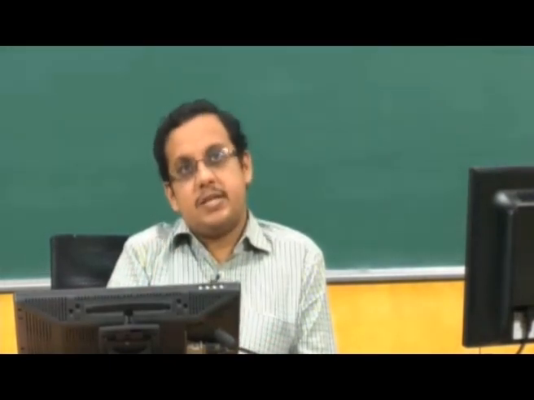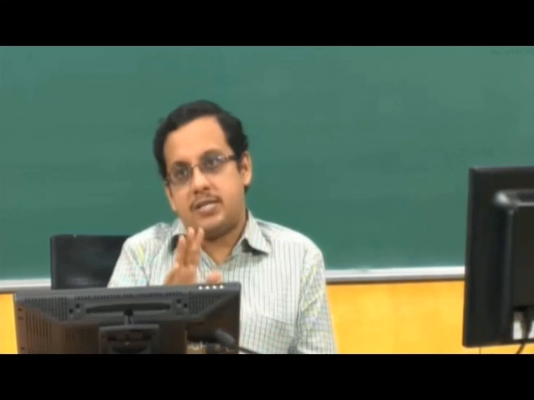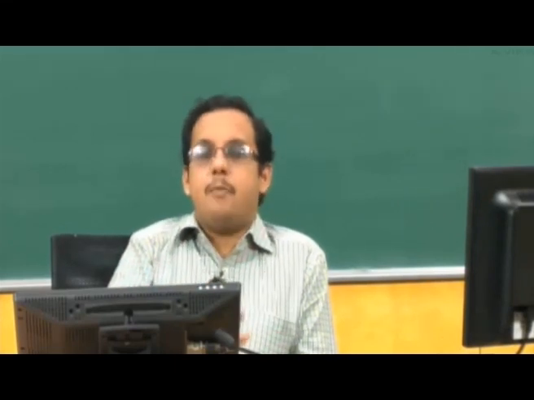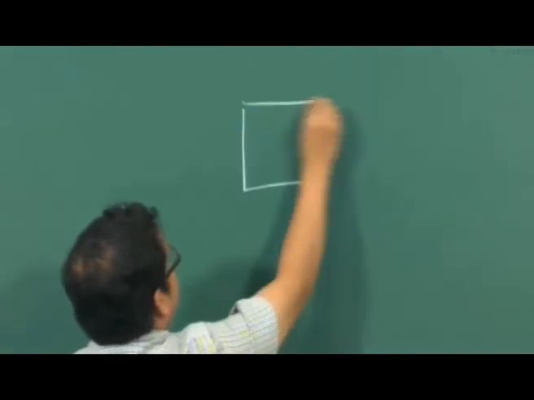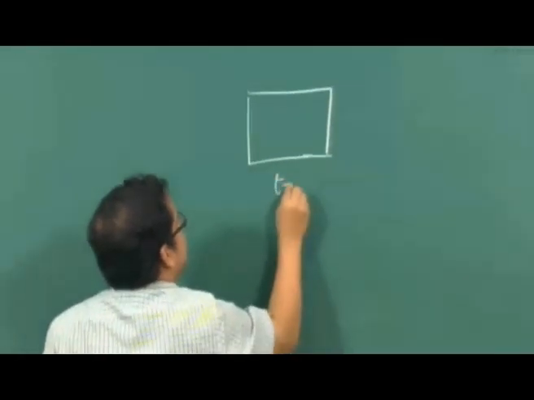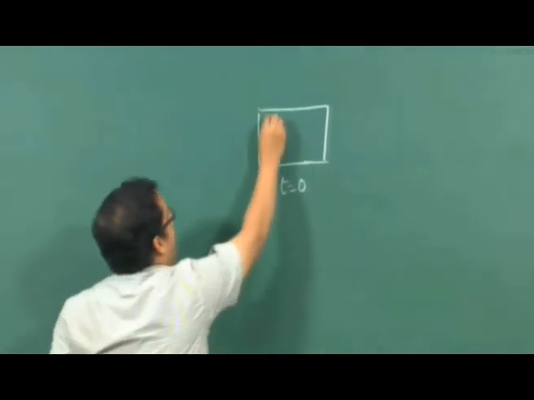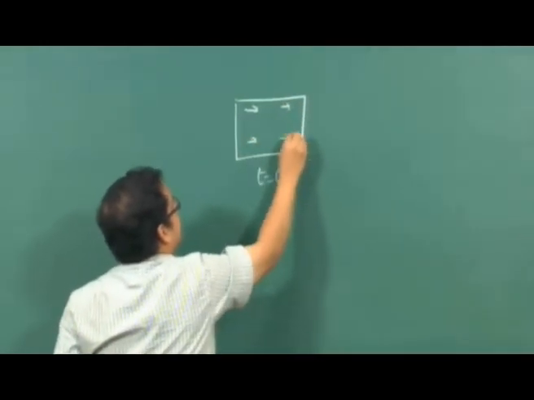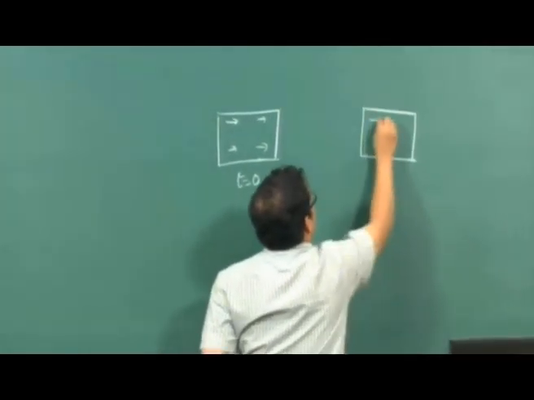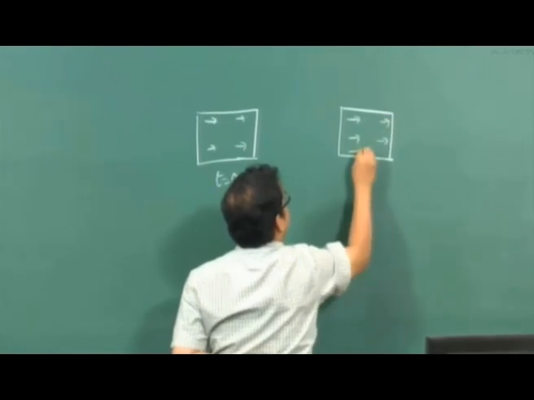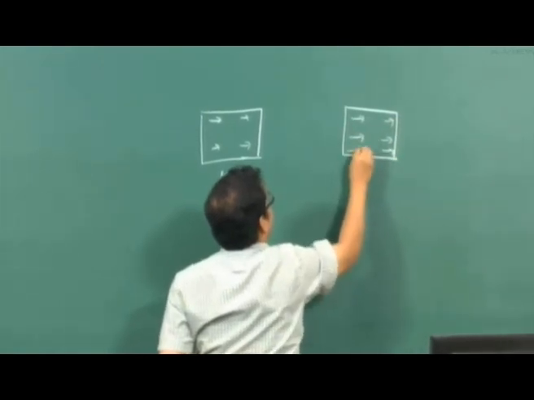Curvilinear motion means it is a particle motion, all points will have the same motion characteristics, but in curvilinear motion we see that the direction changes. I think I will quickly draw it on the board once more just to complete things. So in rectilinear motion you will have a body here at t equals 0. Since it is a particle, all points have the same velocity, and at a later point also all points have the same velocity, but the magnitude of velocity could be different.